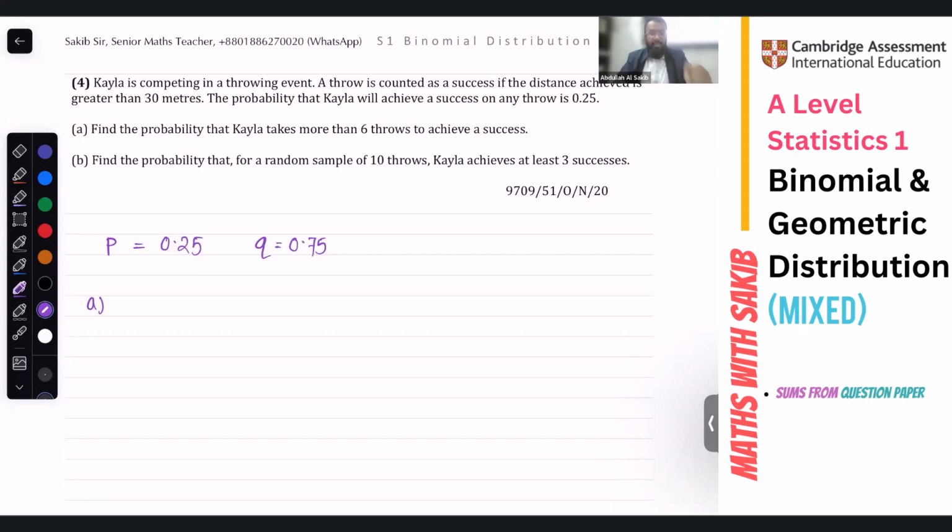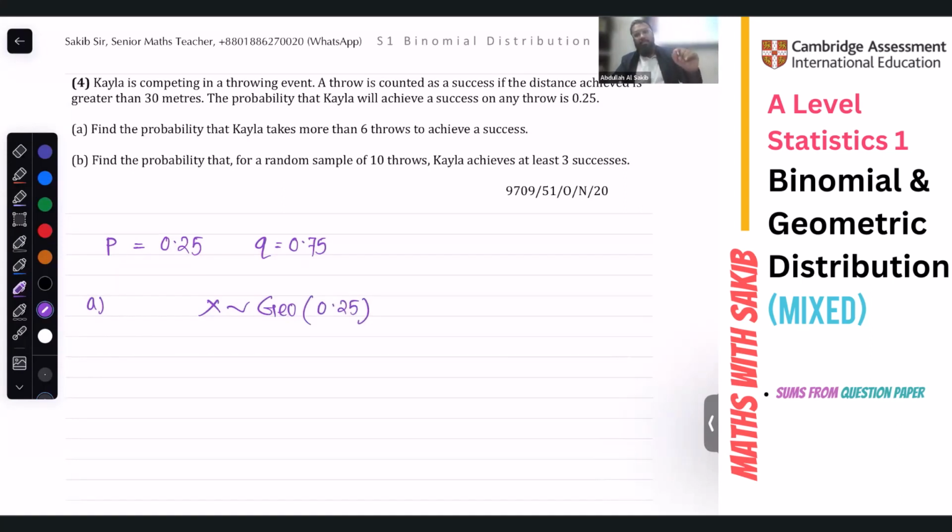So now, in this math, what is the number of trials? More than 6, so it is infinity. That means it's a math from geometric distribution. Clear? So X follows a geometric distribution. What is the probability of success? 0.25, because no trial has been mentioned.